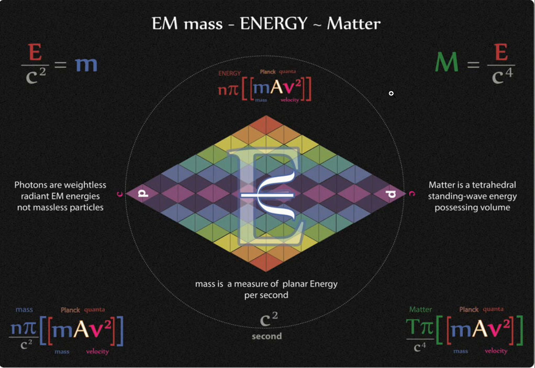Of course, in terms of mass, energy, matter, what we're going to show here is a very specific example of how the geometry is superior to the mathematics. In this case, what we're showing is the relationship between mass, energy, and matter in terms of EM waves, where the energy of the EM wave can be expressed in terms of its mass through the spatial coordinate systems used, i.e. 1 second gives us an energy.